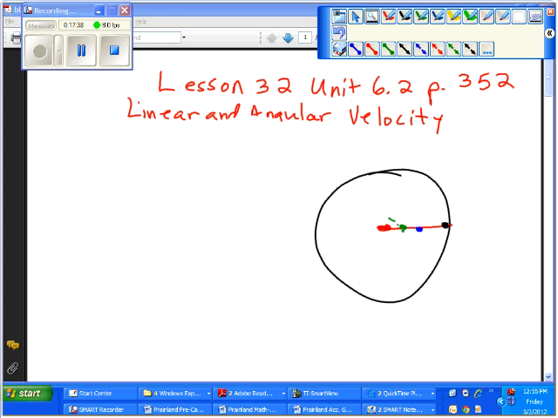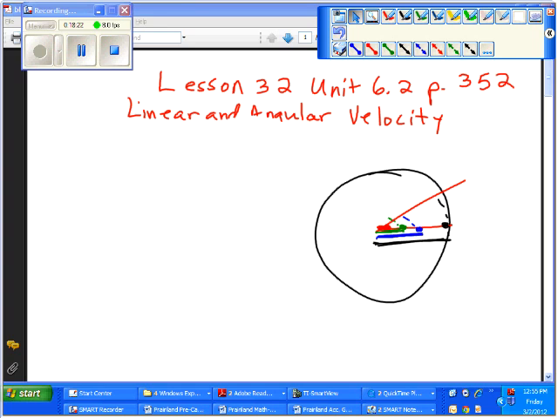As far as the speed at which the angle is being created, it is the same. But because of the distance that each person is from the center, they will actually be going faster, not in terms of angle creation, but in terms of how far they actually travel in feet.